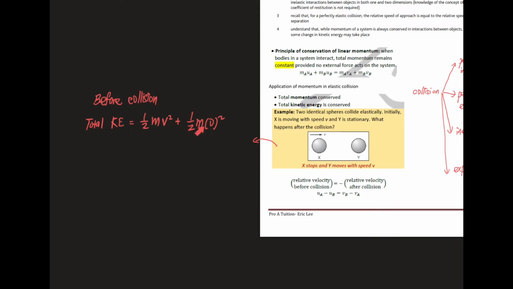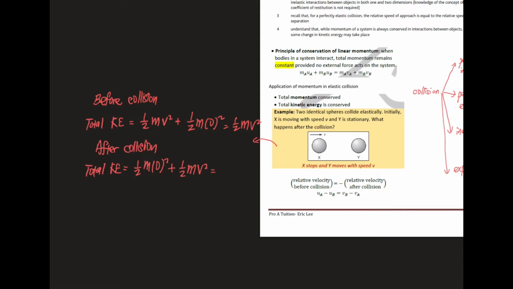Okay, so if I simplify this, I will get 1/2 mv squared. Observe that I'm using the same m for this because the question is saying identical spheres. Okay, so after collisions, the total KE is 1/2 m0 squared plus 1/2 mv squared.